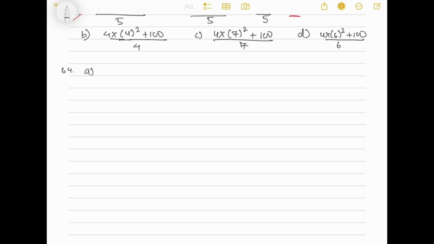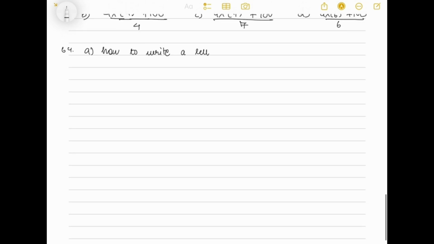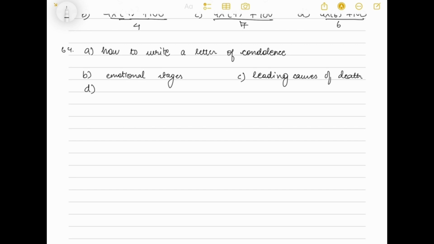So your options are: how to write a letter of condolence; what emotional stages are passed through in the healing process; leading causes of death; and your fourth option was how to give support to a grieving friend.